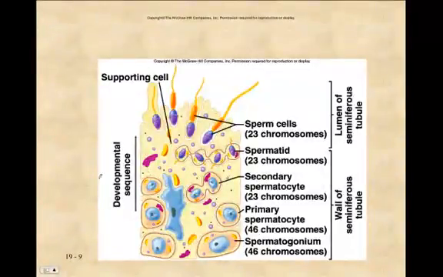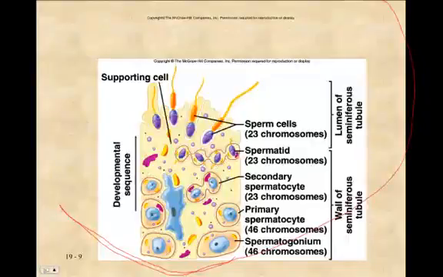If you look here, lining the outside of the tubule are what are called the spermatogonium. These are what we call the germ cells, or you can think of them as the sperm stem cells that are going to be dividing and producing the next generation of sperm cells.